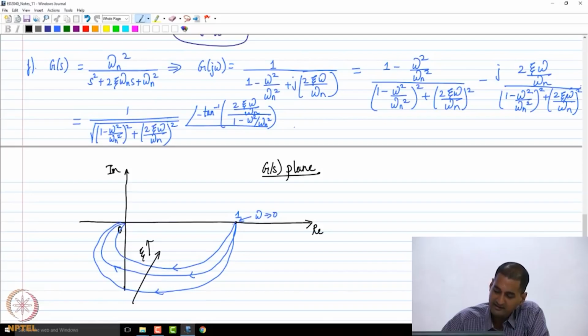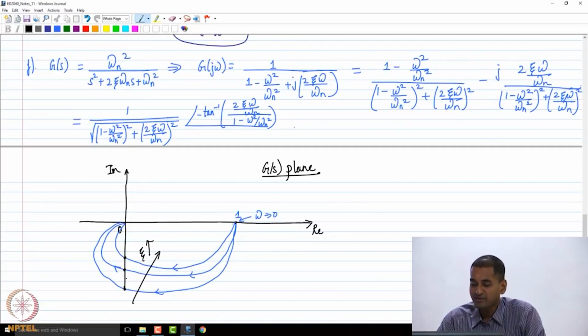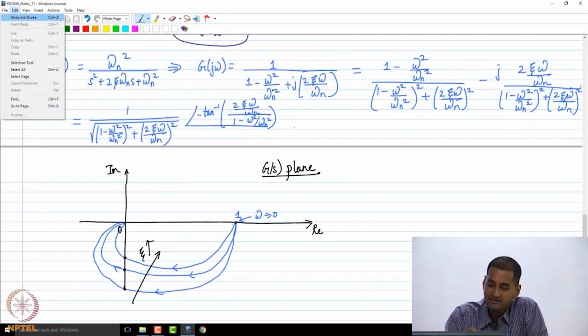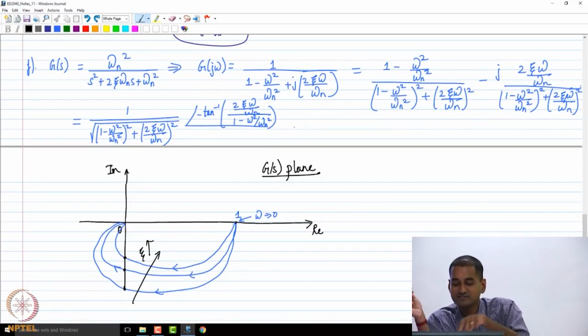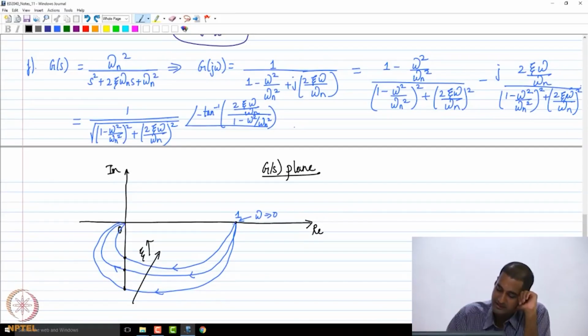And it cuts the imaginary axis when omega equals omega n, because you can immediately see that at omega equals omega n the real part is 0. If you look at the real part for any value of zeta at omega equals omega n, the real part is 0. So all curves cut the imaginary axis at omega equals omega n.